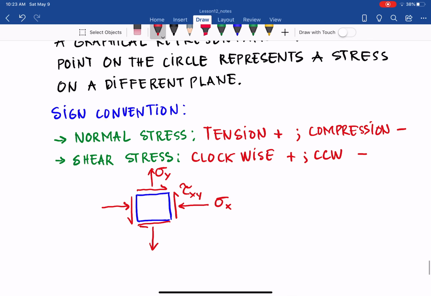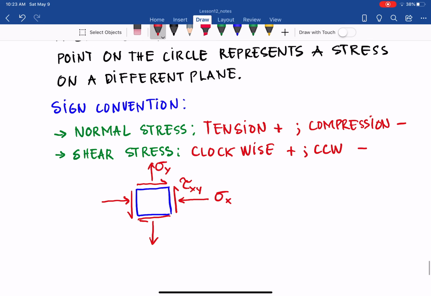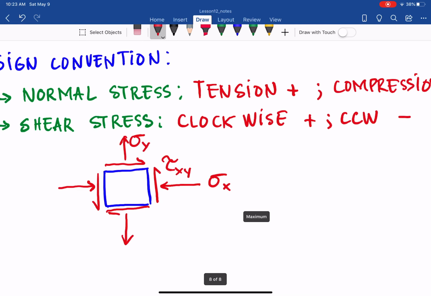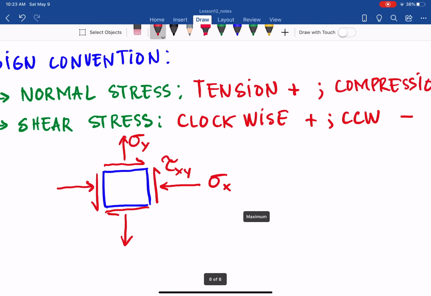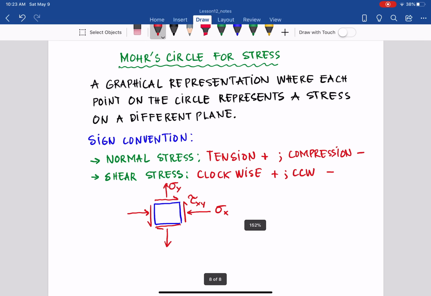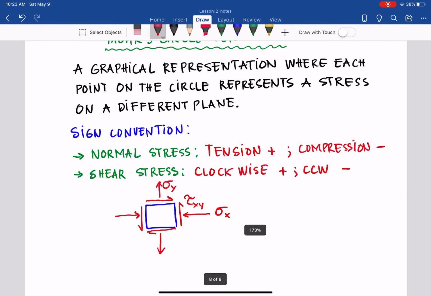From that, as you can see, if we look at the information for the sign convention, in the analytical method above, in this case we have sigma x negative, because it puts the block in compression. So it's nothing new. That's the same sign convention for the Mohr circle and for the analytical method.